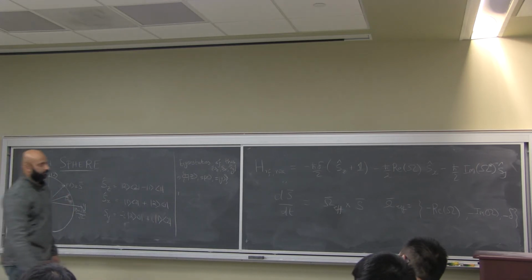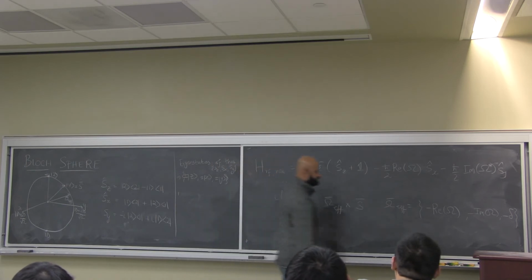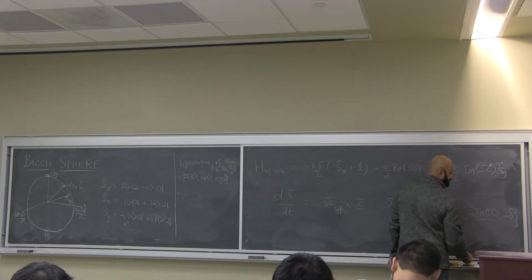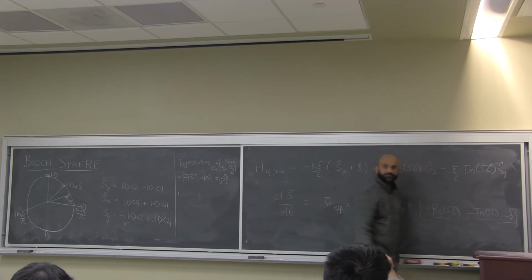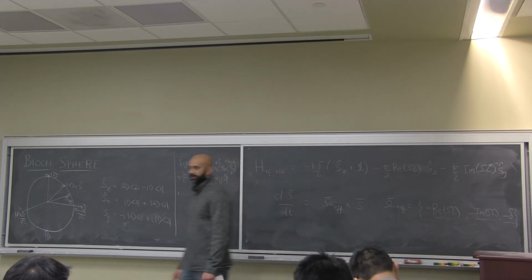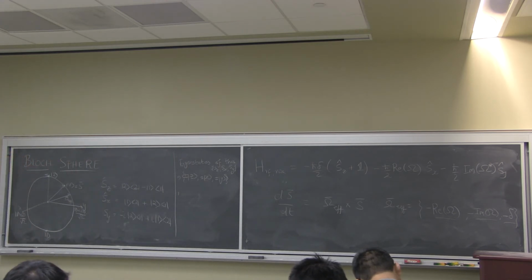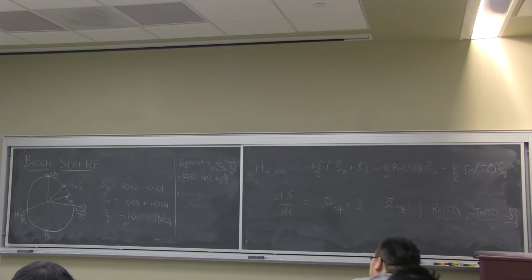The magnitude of those components is given by essentially the real part of the omega, the imaginary part of the omega on the x and y axes, and delta, which is the detuning from the atomic transition. This is where, remember, I told you at the beginning that by controlling the amplitude, the phase, and the detuning of the electromagnetic field, we can make the state psi move all over the Bloch sphere. And that is this expression over here.